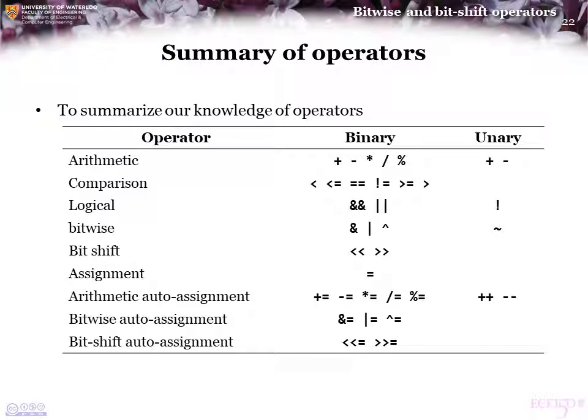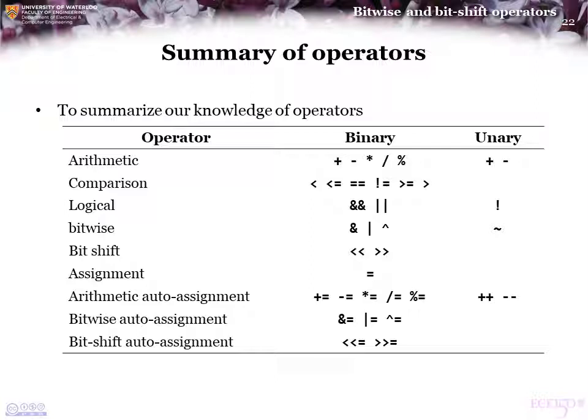Okay, let's now review the operators we have seen so far. For arithmetic operators, we have 5 binary operators: plus, minus, times, divide, and modulo, and 2 unary operators, the neutral and the negation operator. There are 6 comparison operators that are binary.